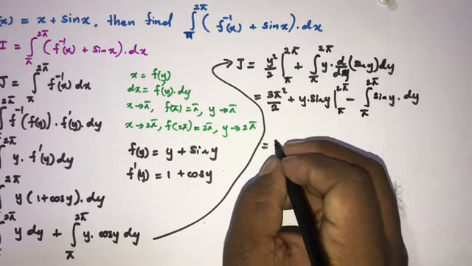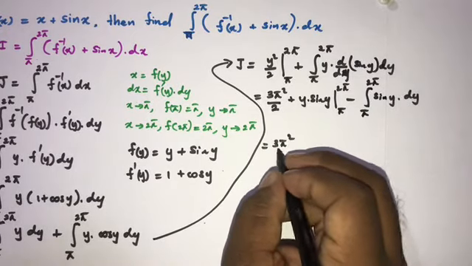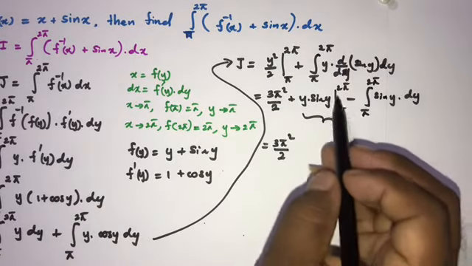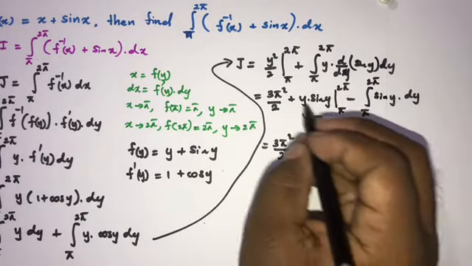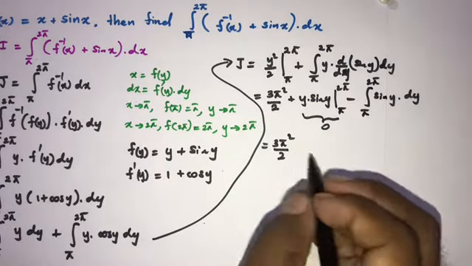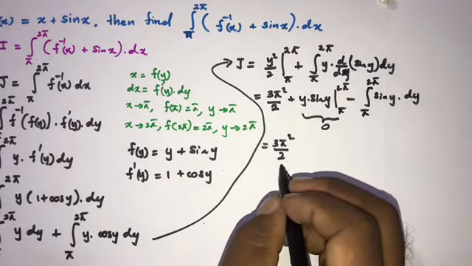Here we have 3 times pi square over 2. If we plug in the lower limit and upper limit, this term is going to be 0. So here we have 3 pi square over 2.